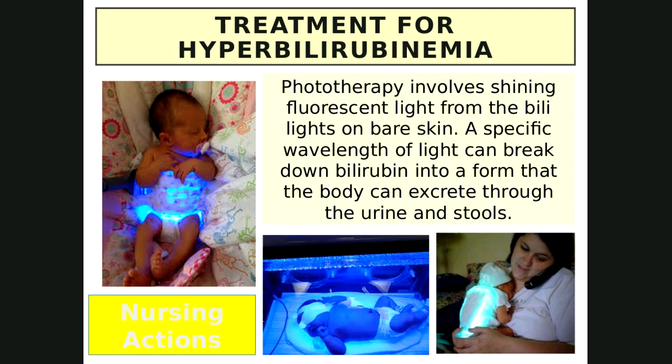This baby's eyes are covered, and then as much of its skin is exposed. So you want to cover their eyes. The ultraviolet light can cause damage to the eyes. But then we want to expose as much of the skin because that's where the fluorescent light is going to shine, and it's going to break the bilirubin into a byproduct that's easier for the baby to excrete.